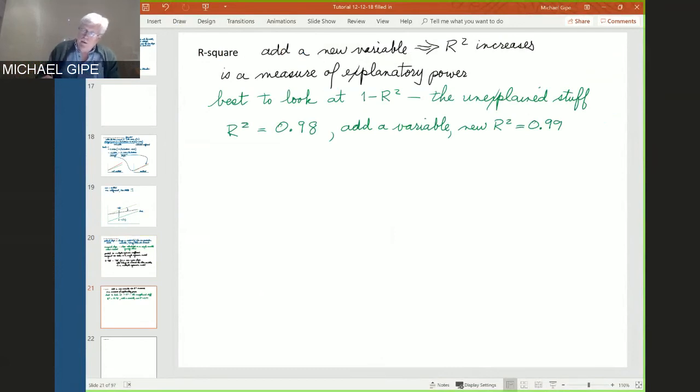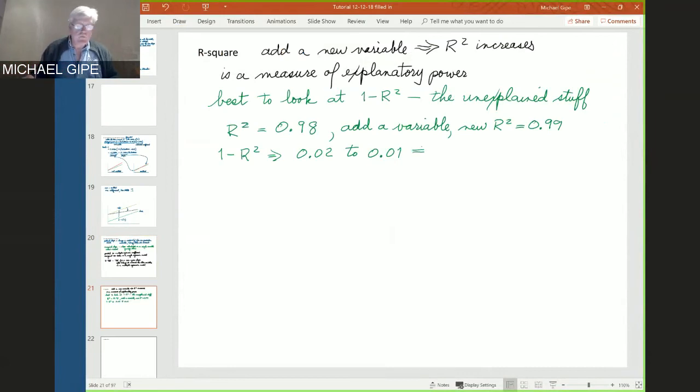If we look at it as 1 minus R squared, we're going from a value 0.02 to 0.01. The unexplained part goes from 0.02 or 2% to 1%.